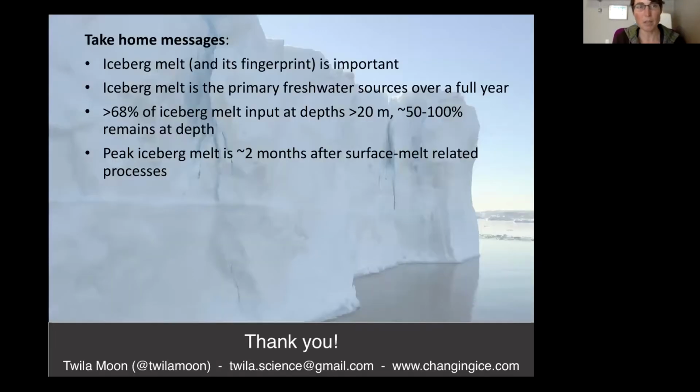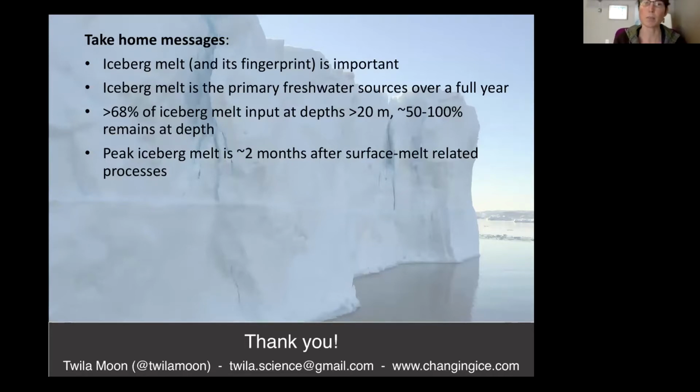So the quick take home: iceberg melt is an important contributor in fjords like this, where we have high solid ice discharge. It can be the primary freshwater source, with most of it being produced at depth, and half to all of that remaining at depth, depending on the time of year.